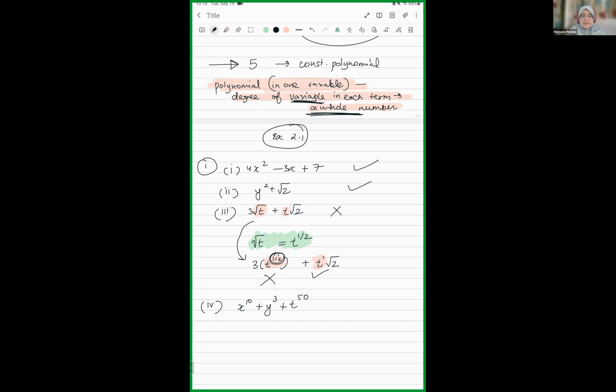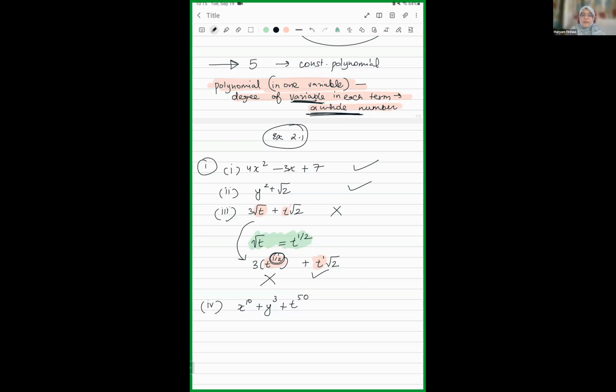Is it a polynomial in one variable or not? No, ma'am. Okay. Why?